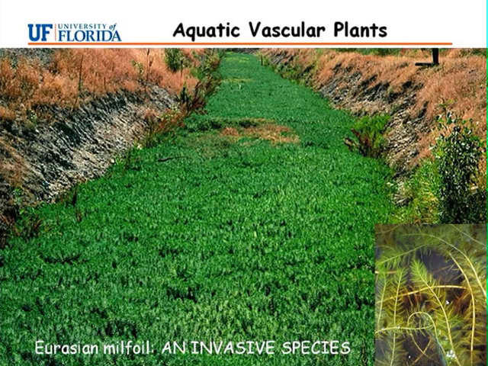It takes off and does really well in our environments here, and is able to supersede the growth of naturally occurring vegetation, and therefore it's considered an invasive species. A variety of different mechanisms of controlling it, including literally raking it out, and using biological measures of control, are being used for milfoil, hydrilla, and other species.